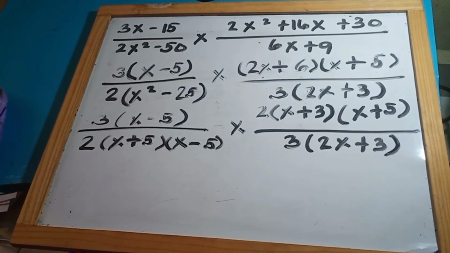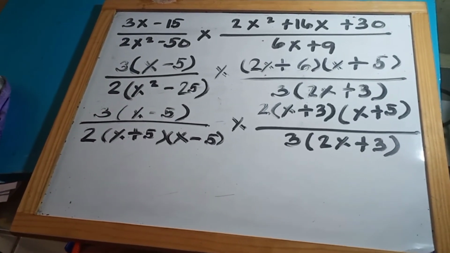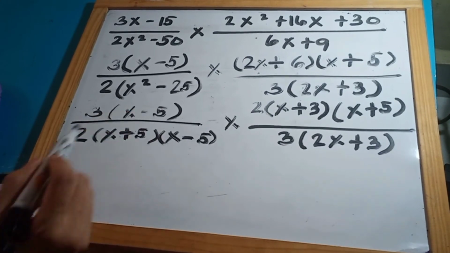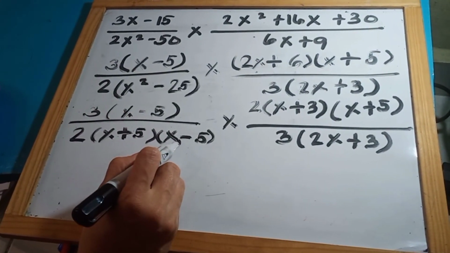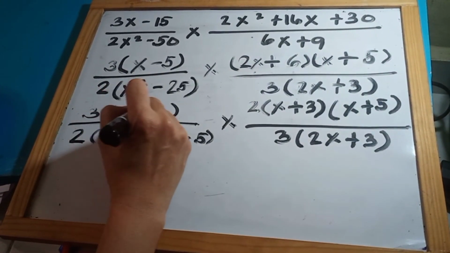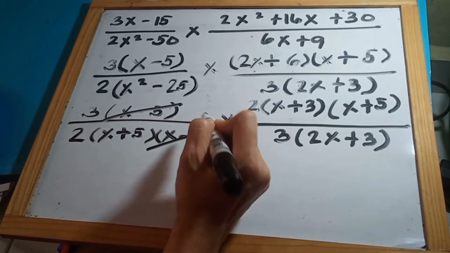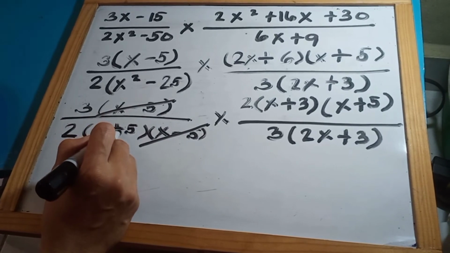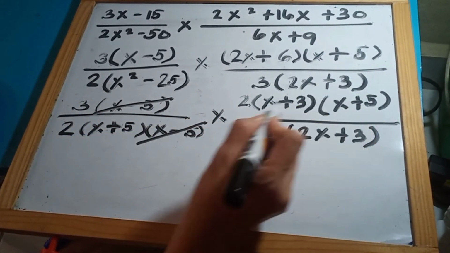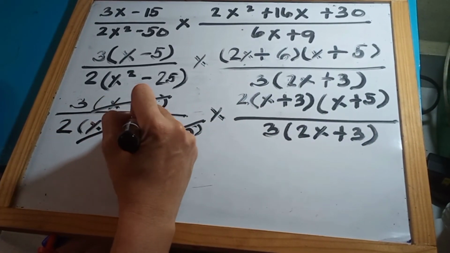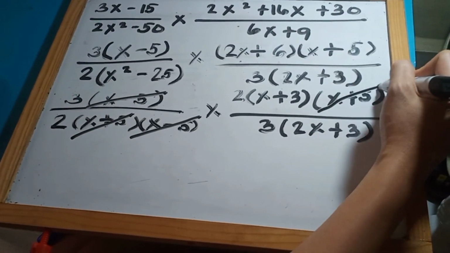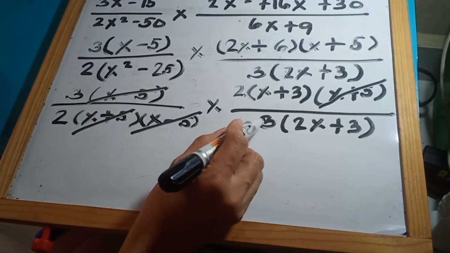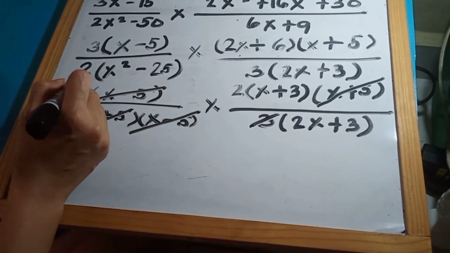Now, i-cancel na natin yung lahat na magkakaparehas. Okay? So, x minus 5, meron siyang kaparehas dito na x minus 5. So, cancel natin yan. And then, we have x plus 5. May kapareha din doon si x plus 5. So, cancel natin. Ano pa? May 3 dito, may 3 sa baba. So, cancel ulit.